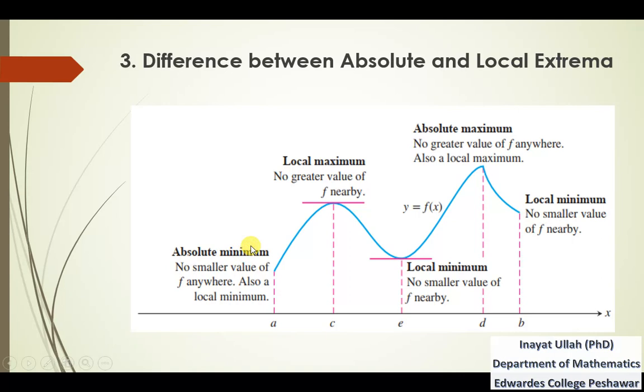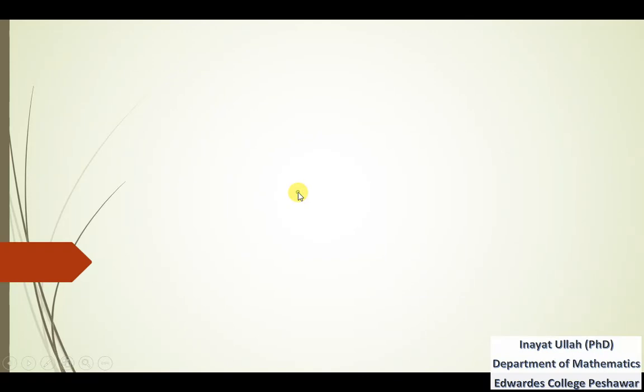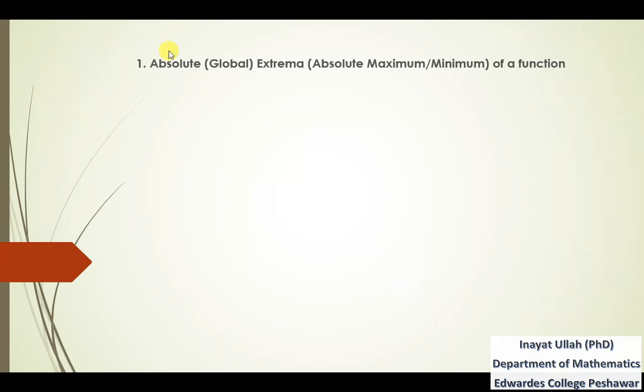But that is the difference between absolute and local extrema. Now we are in a position to define the absolute extrema of a function. Absolute means global, and global means throughout the domain. So global or absolute extrema.